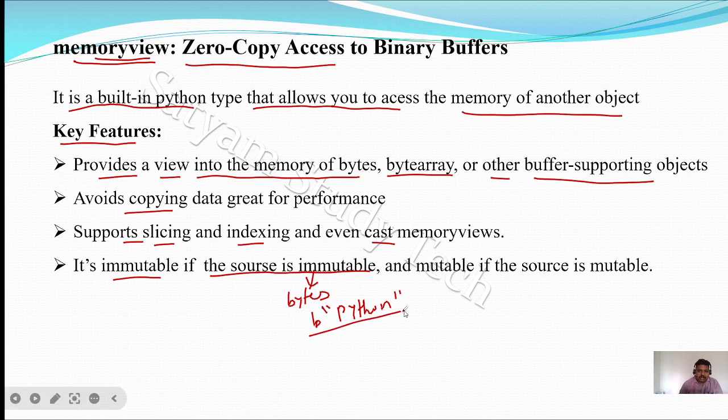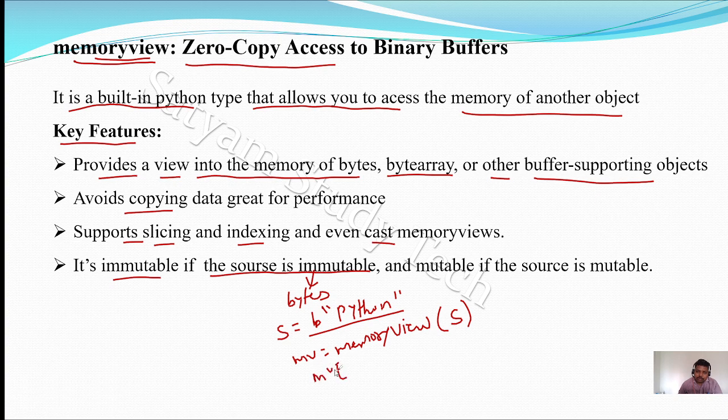Python is converted into bytes type, for example s. Then I take mv equal to memoryview of s. If you print mv of 0, what is the value of P? It prints 80.